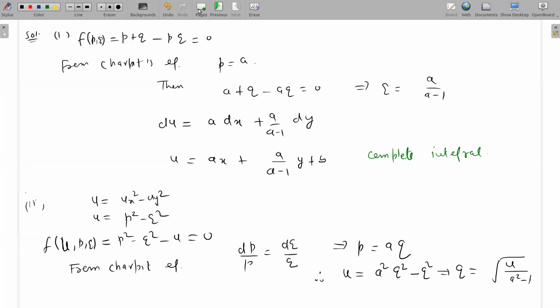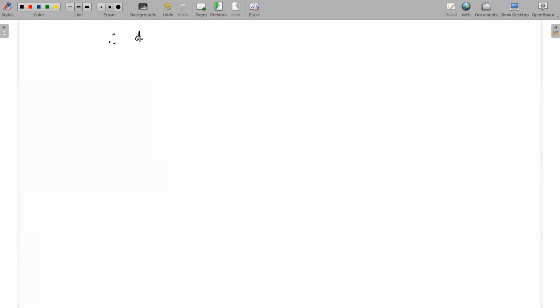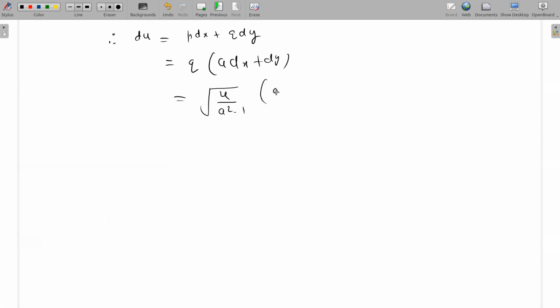Therefore, use du equals p dx plus q dy, and p we have written as aq, so q will come common, and put the value of q here. Or you can write on the left hand side du by square root of u.